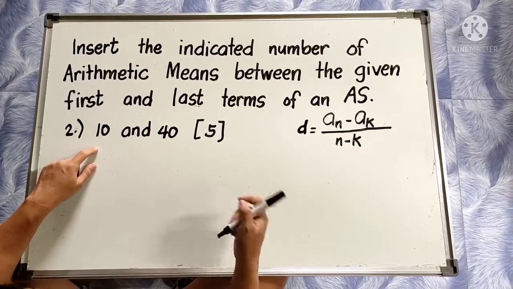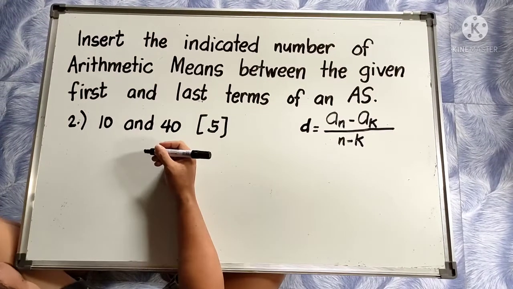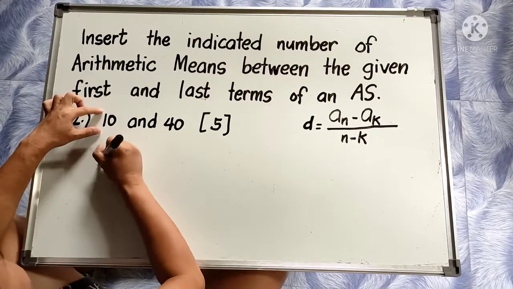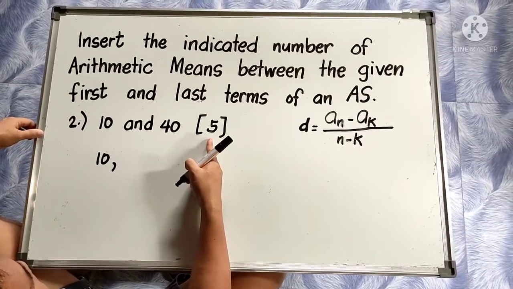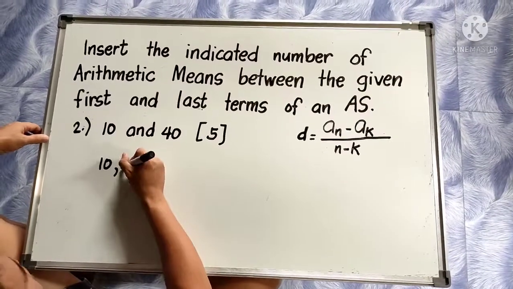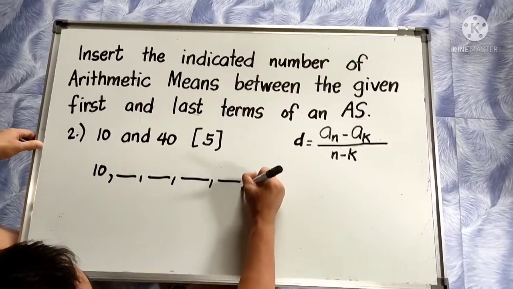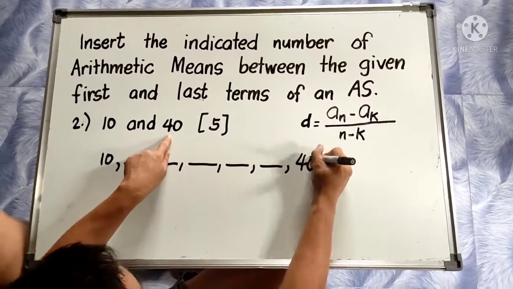10 and 40, and we need to insert 5 arithmetic means. Just like how we did it in number 1, you start with the first term, which is 10. Then you make 5 blanks to represent the 5 unknown arithmetic means, so 1, 2, 3, 4, 5, and then you add 40.